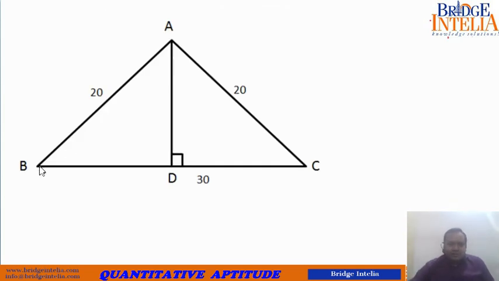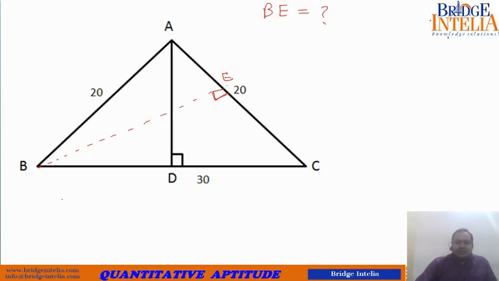So basically we have to find this length, the altitude to side AC. Let me name this as E. So we have to find the length BE. So let's do that.